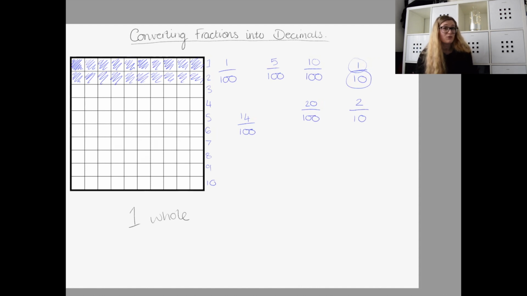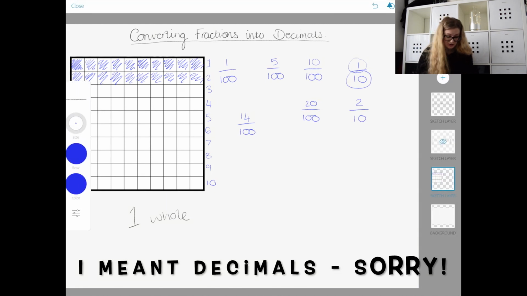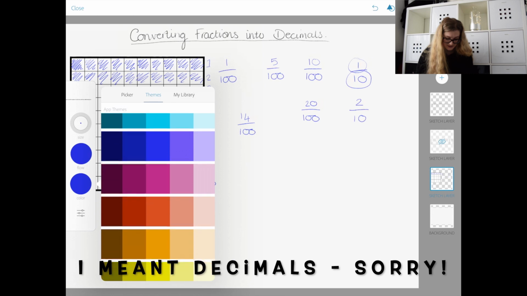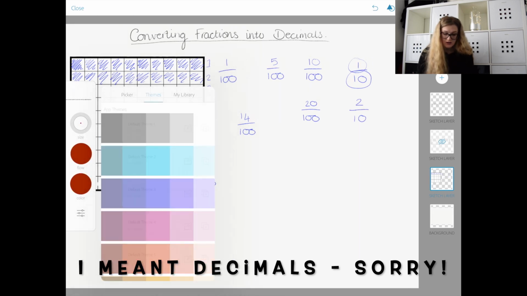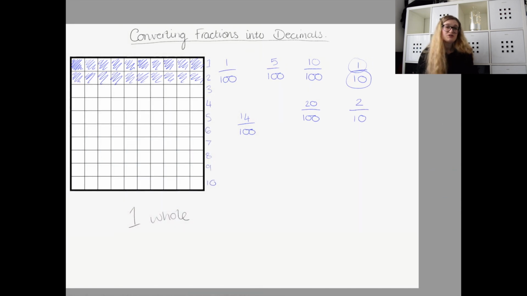Now this is where we're going to look at doing this as decimals. I'm going to change my colour now, and let's do it in red. If I wanted to do this as a decimal, this is where it gets a little bit more tricky. Let's take my 1/10 for example. I'm going to colour in over the top all of that first row.